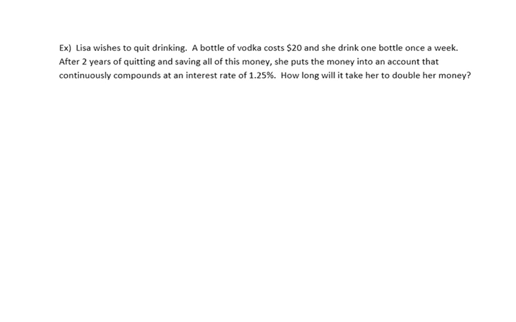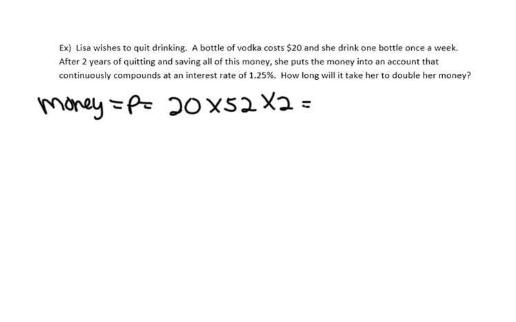So again, similarly to the previous problem, I need to figure out how much money Lisa's going to be able to put into this account. So money, again, is equal to the principal. So we're talking about $20 per bottle, once a week, so that's 52 weeks, for 2 years. So that multiplies to be $2,080.